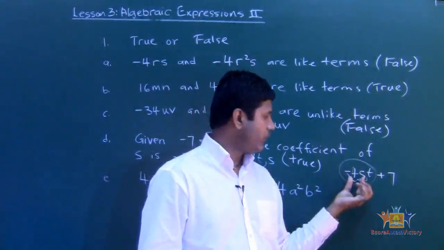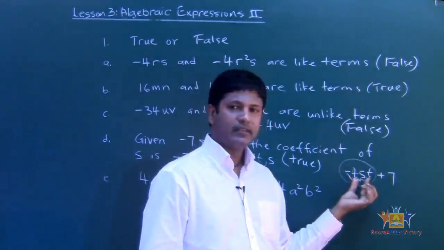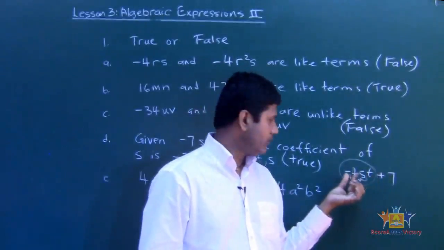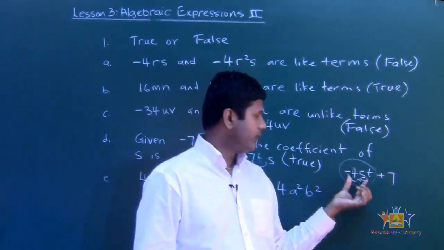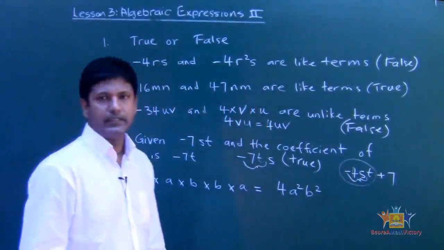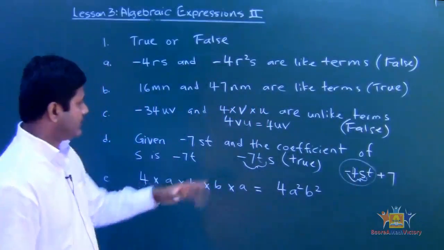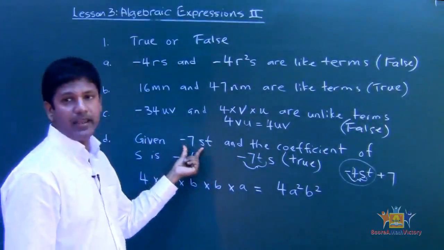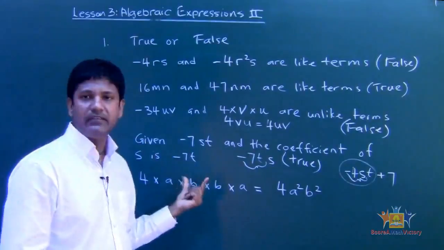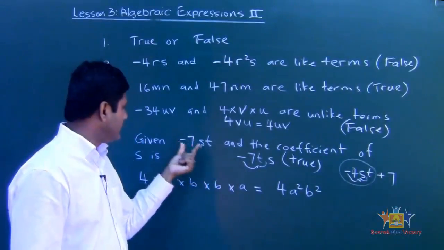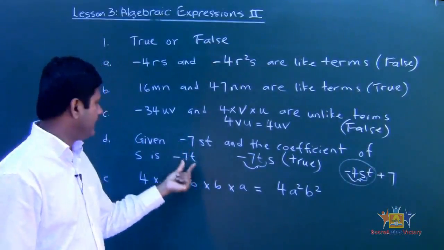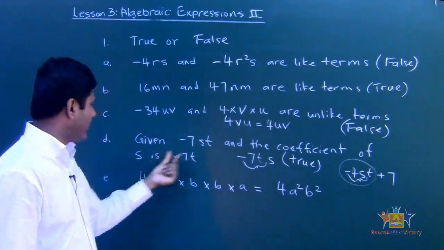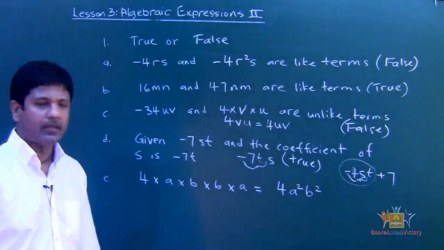So negative 4s is the coefficient of t. Don't forget the negative. In the previous case, the coefficient of s is negative 7t. If I gave positive 7t, it would be false. It has to be negative 7t. It cannot be positive. Alright, good.